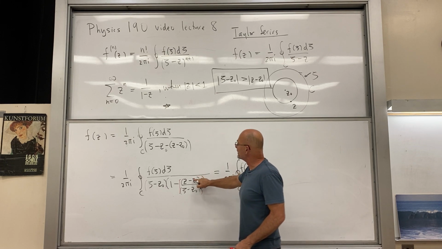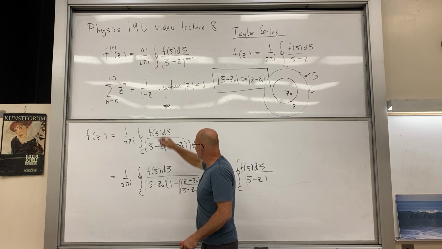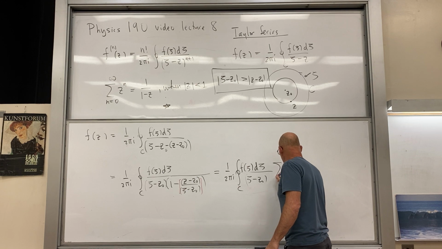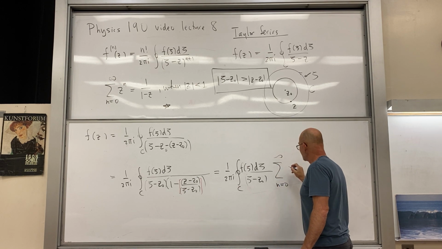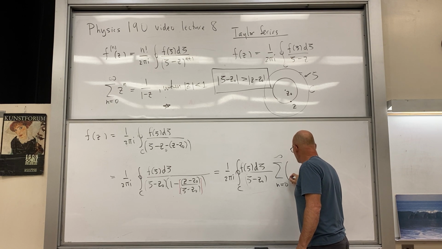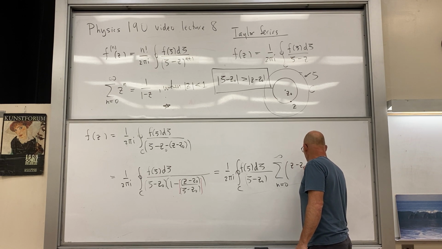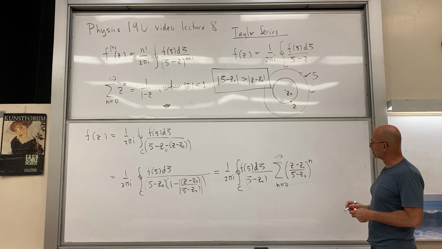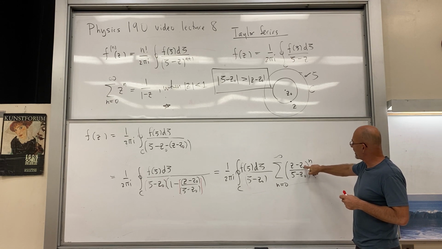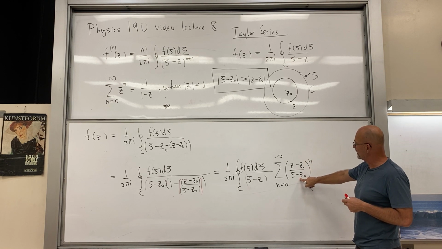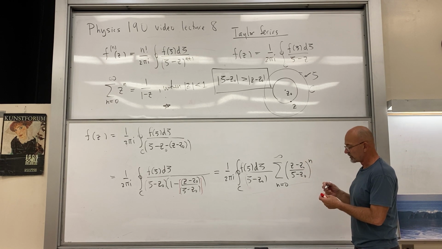And now we have this infinite series. So we have the sum from n equals 0 to infinity of z minus z sub 0 over zeta minus z sub 0, to the nth power. That's all under the integral, but not everything has to be integrated. The z minus z sub 0 to the n will actually be outside the integral. This will be integrated.